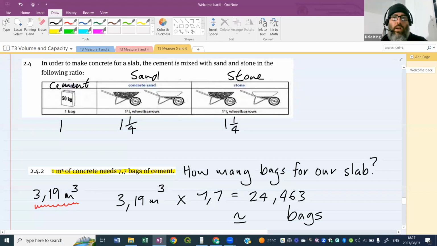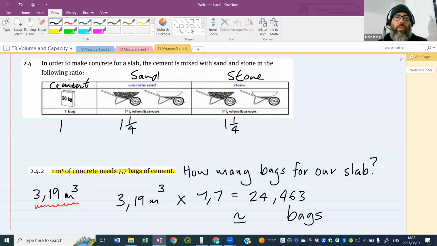If you are in the construction industry and you do this sum and you say go down to 24, you're going to be short. So in this context, when you're trying to work out how many cans of paint, how many bags of cement, how many boxes of things you need to buy to complete this task, don't round down. I know you're thinking, sir, you just said always round off.